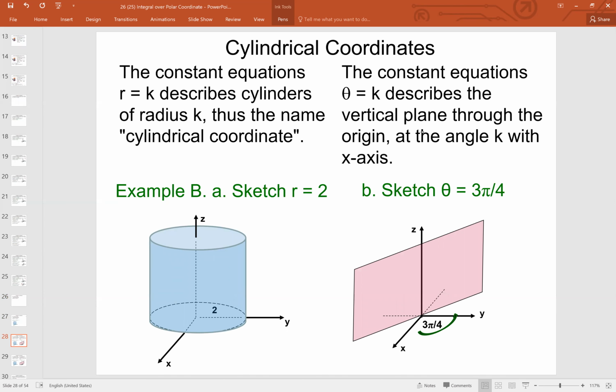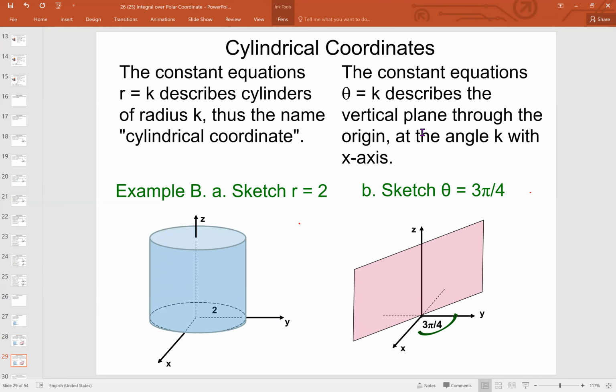And similarly, the equation for a line going through the origin defined by the angle, in cylindrical coordinates is an entire plane that sits over the given angle direction. Over here, theta equals 3 pi over 4. It's this entire plane that sits over the angle 3 pi over 4.